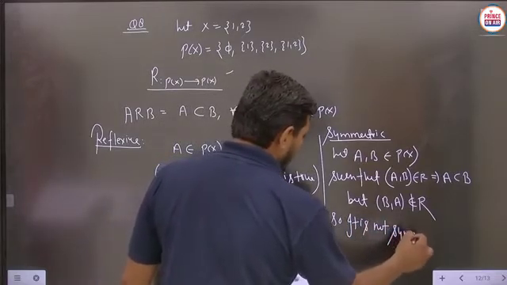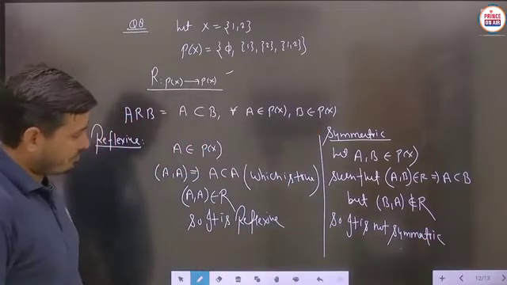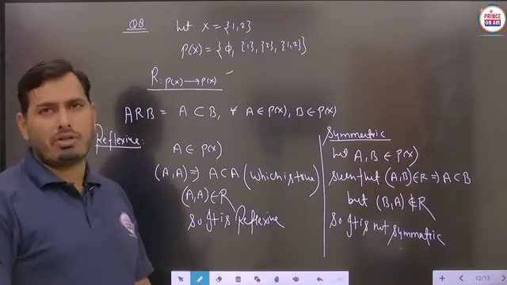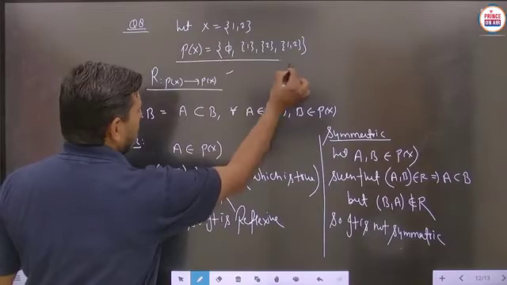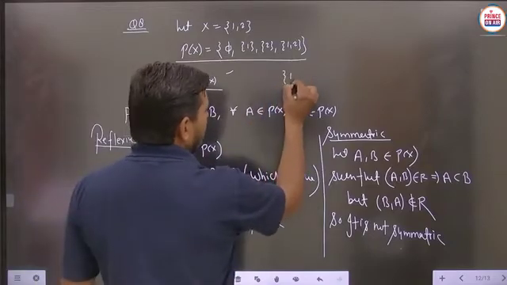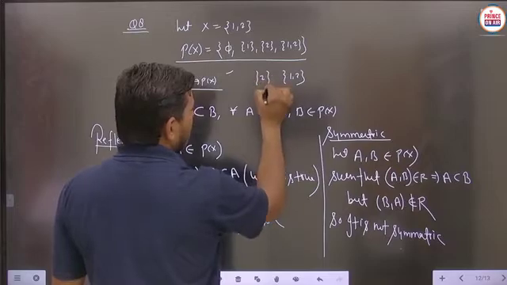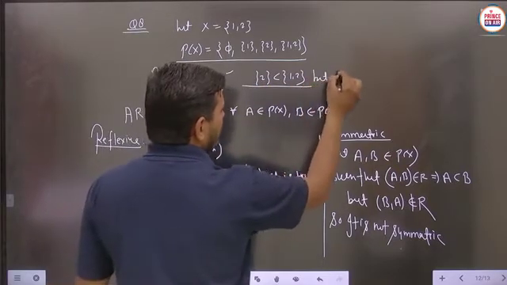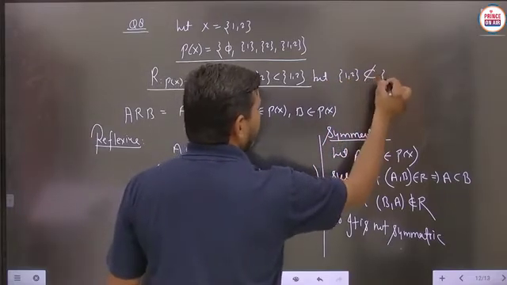And students, since the relation is not symmetric, definitely you can say that this is not an equivalence relation, so there is no need to check the transitive case. For justification, imagine this example: {2} is a subset of {1, 2}, meaning (A, B) belongs to R, but {1, 2} is not a subset of {2}.